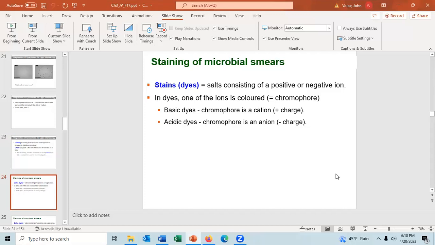A basic dye is one where the chromophore is in the cation, the ion with the positive charge. An acidic dye is one where the chromophore is in the anion, the ion with the negative charge. And that's the only difference between a basic dye and an acidic dye, where the color is in the molecule or the salt.